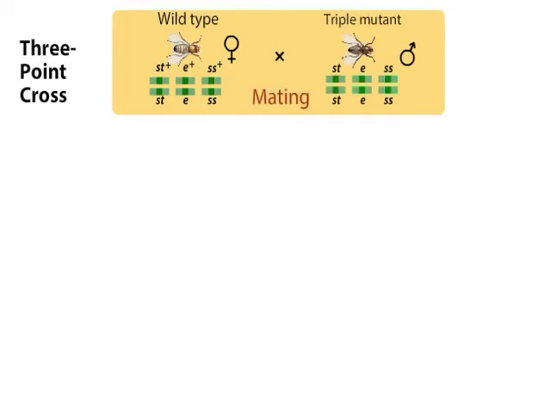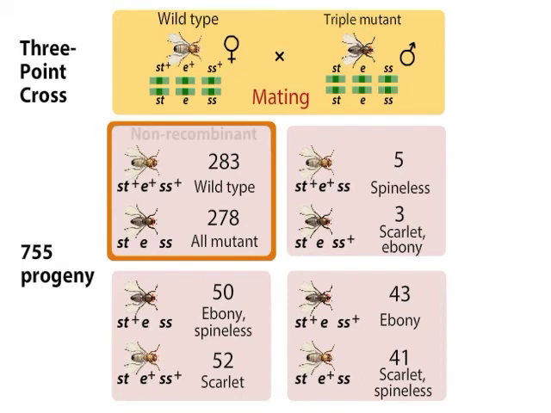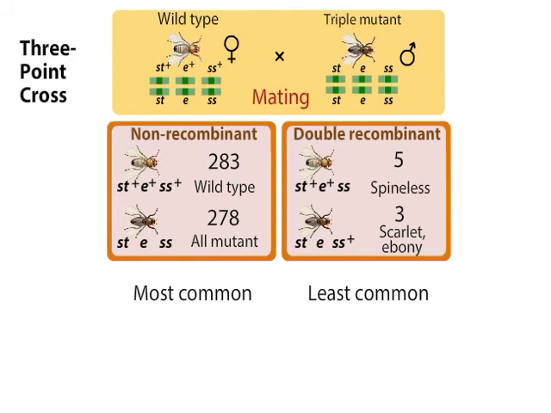Our test cross produces 755 progeny, expressing 8 different phenotypes. As expected, the most common progeny are non-recombinants, wild-type heterozygotes, and triple mutant homozygotes. The double recombinants, spineless flies and scarlet-eyed ebony flies, are easy to identify. They're the two least common classes of progeny flies.